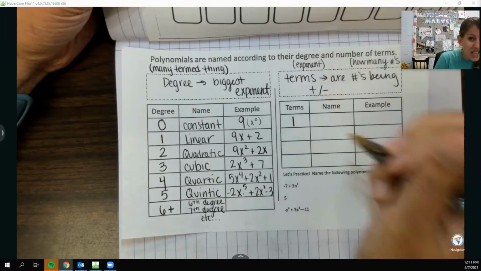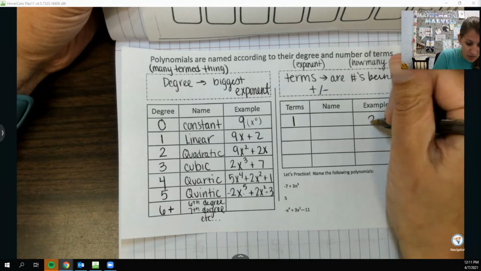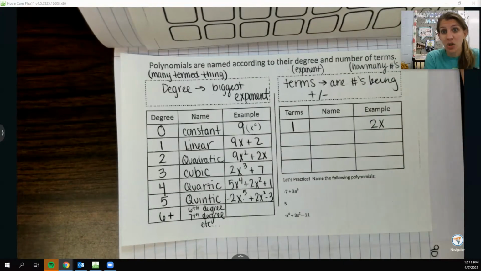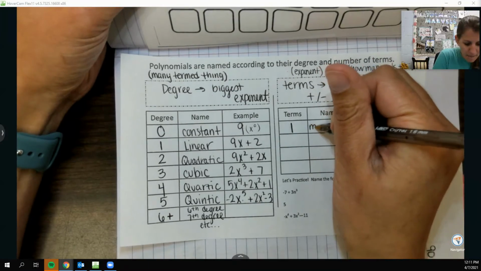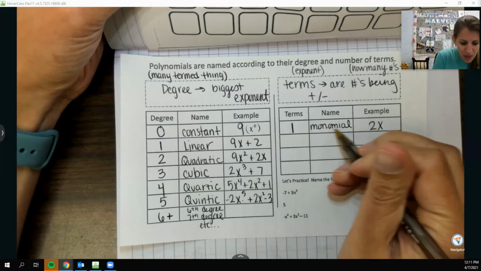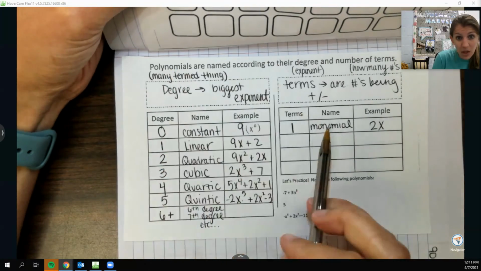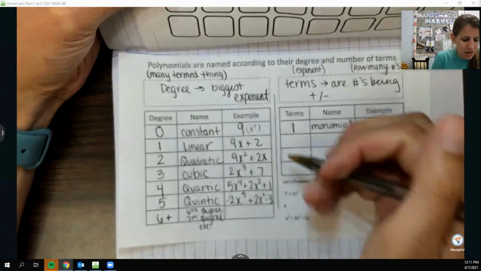So if you have just one single number sitting there, like 2x, with nothing being added or subtracted to it, there is one term. That is called a monomial. Mono for one, nomial is that nomial thing, which has to do with how many terms.